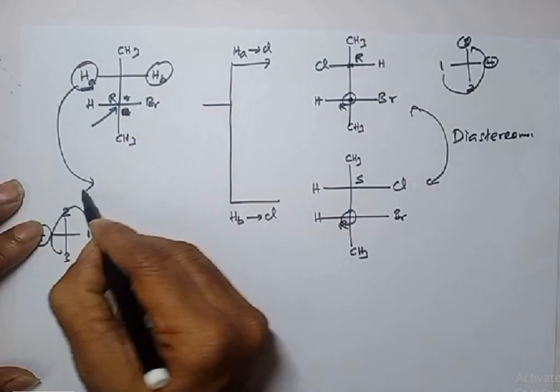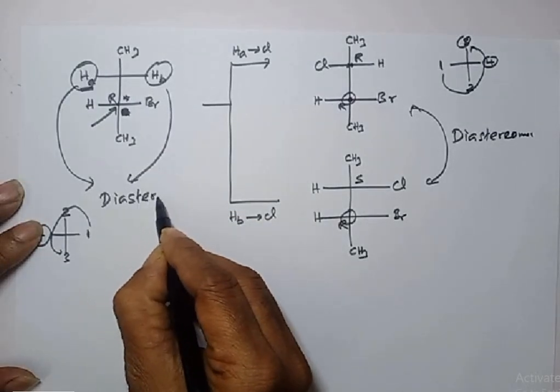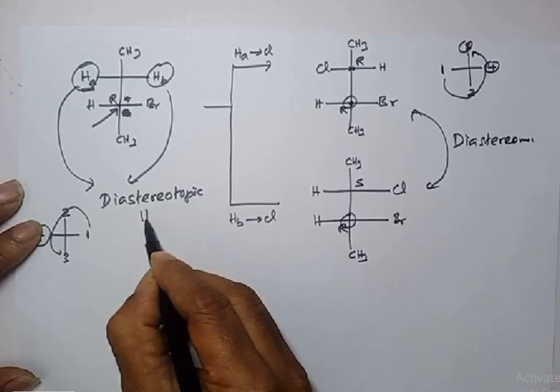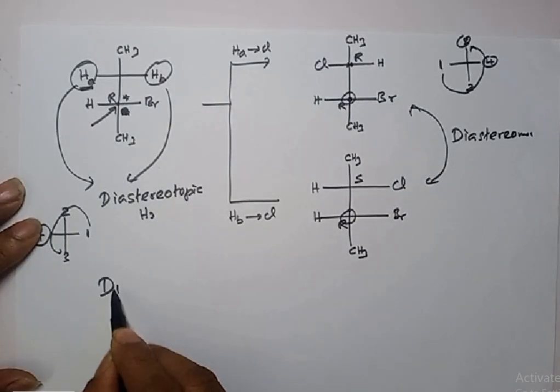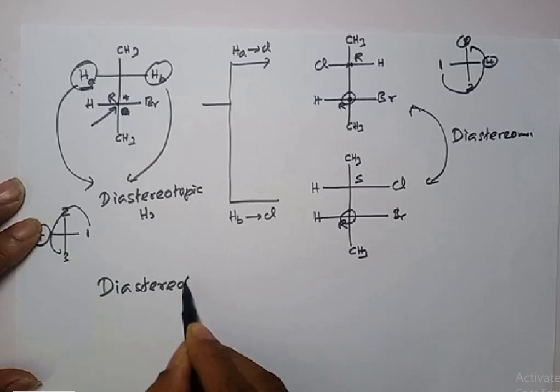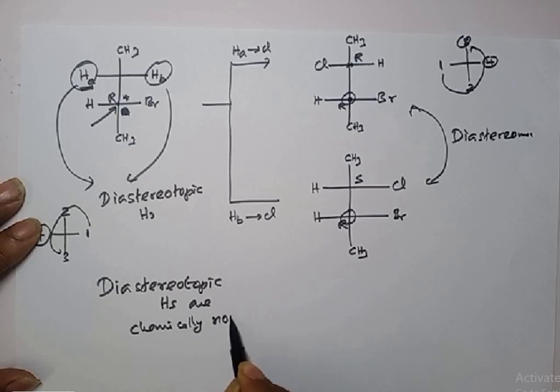HA and HB are diastereotopic hydrogens. And remember, diastereotopic hydrogens are chemically non-equivalent.